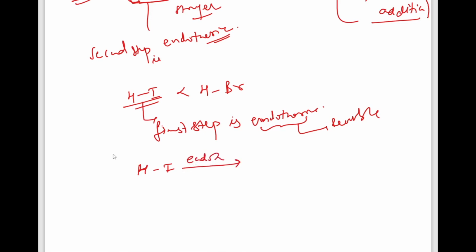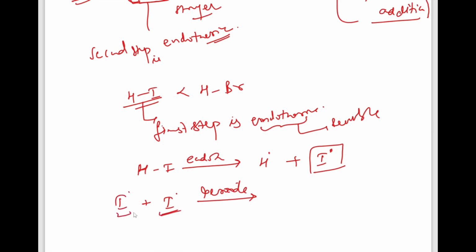Suppose this is the first step of propagation, which is endothermic, and we will get an iodine free radical. But the issue is that in the presence of peroxide, this iodine free radical combines with another free radical to form iodine gas. So the reaction will not proceed, and we will not get any further reaction. So the peroxide effect will not be shown by HI also when it is added to any unsymmetrical alkene in the presence of peroxide.